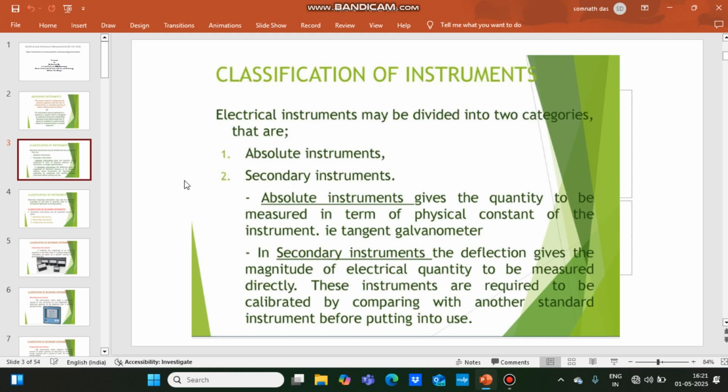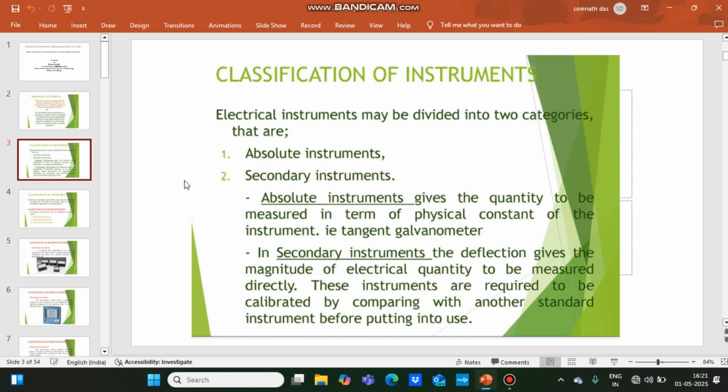In case of secondary instruments, we can observe the value of the unknown quantity directly. It has some display. In the display there is a scale and pointer arrangement, and the pointer deflects over the scale and shows the value of the unknown quantity.